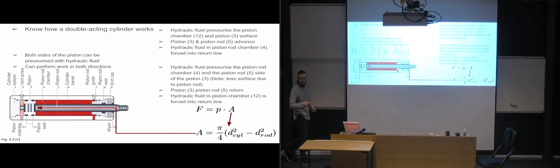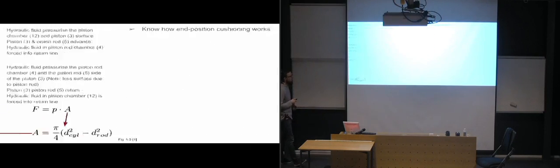If we manually reduce the flow rate right before it hits the end, that's going to help, so that it reduces its velocity before it slams into the end there. But if we do nothing, it's basically just going to smack into it, and over time that's not good for your cylinder. It's going to damage it over time. So that's why we have something called end position cushioning.